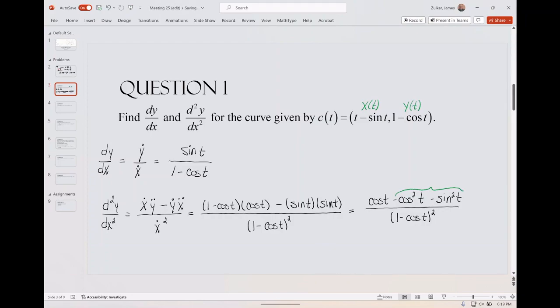What does that simplify to? 1. It's not positive 1. Negative. It'd be negative 1, because it's minus cosine squared minus sine squared.